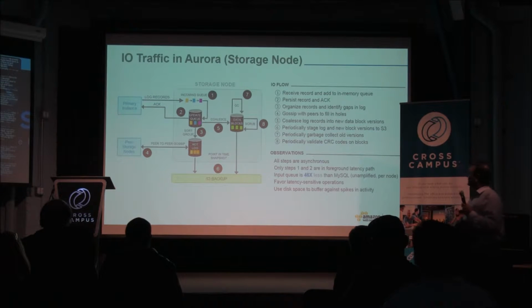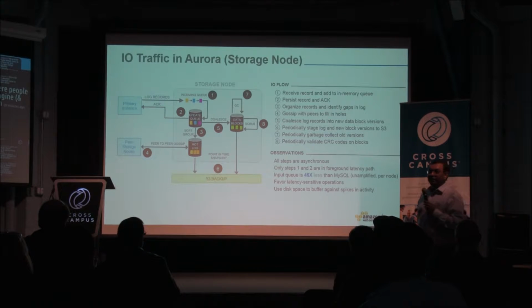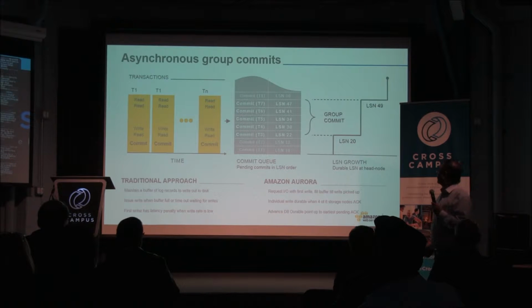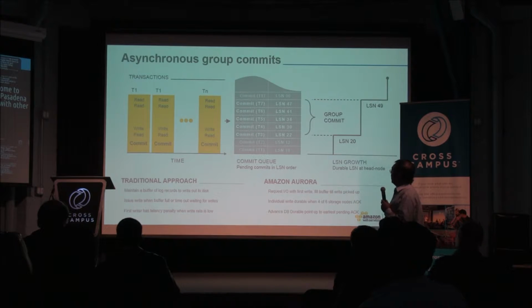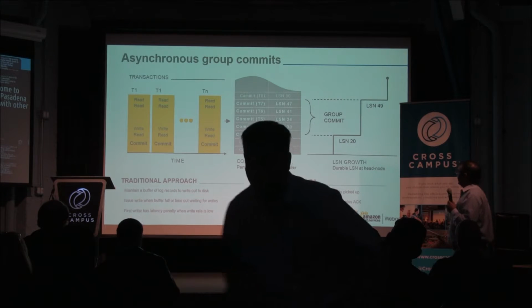Important thing to remember. These are some of the details of what happens in the storage node. I'm not going to get too much into this, but this is where probably most of the innovation of Aurora is embedded. We also do a couple of other things. We do asynchronous group commits, and we do that in batches.